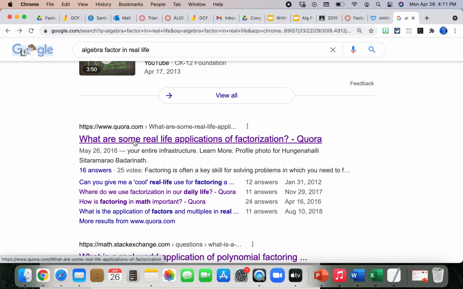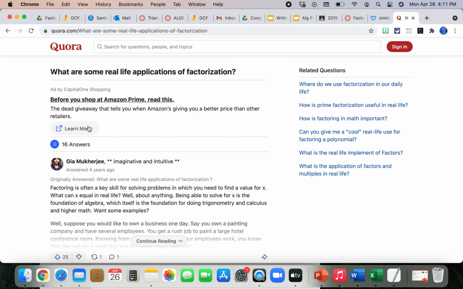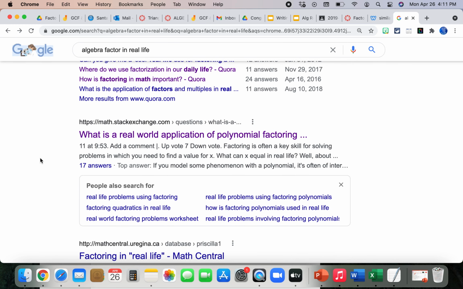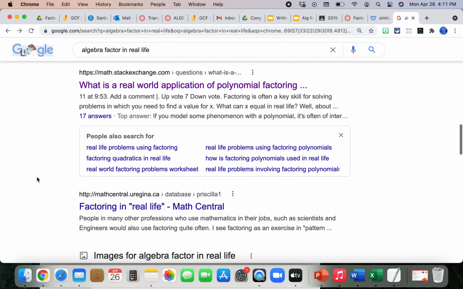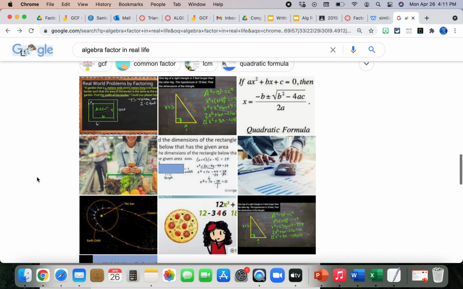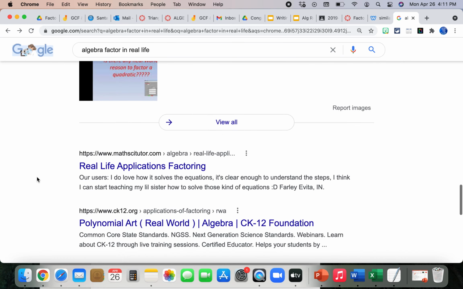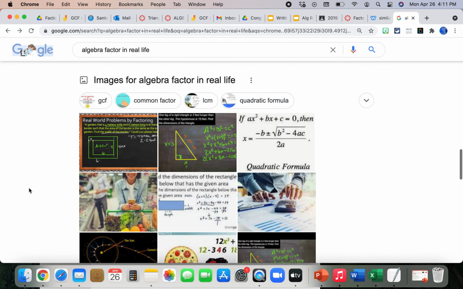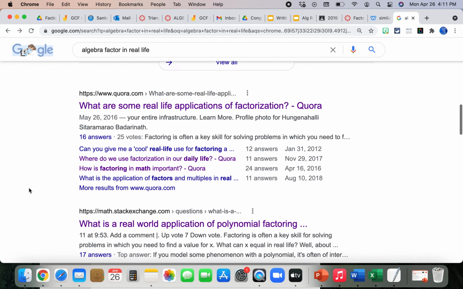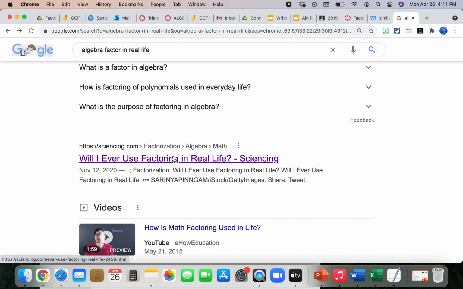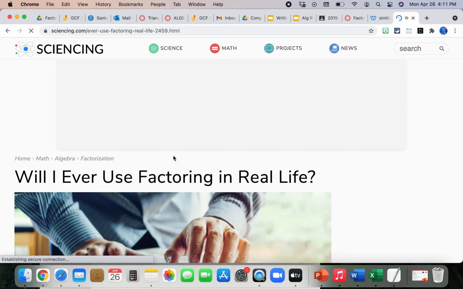This is 'What are some real life applications of factorization' on Quora. I found this to be very interesting. You can click and get the answers by different people on your own. Instead of just hearing it from your teachers, you can actually hear it from someone other than your teachers, right? And you will be able to find real life applications of factoring, and many professionals who are working in their careers and how they use it in their life. You can see the answers for yourself.